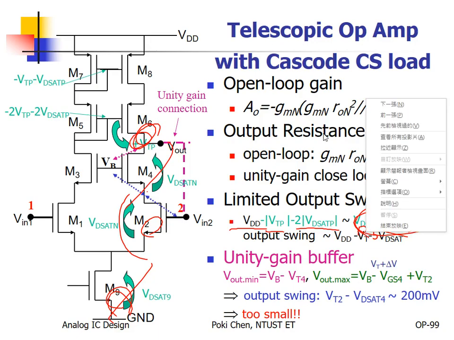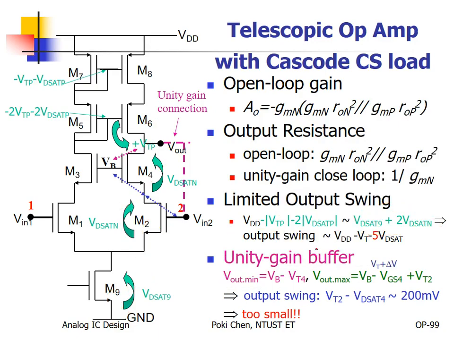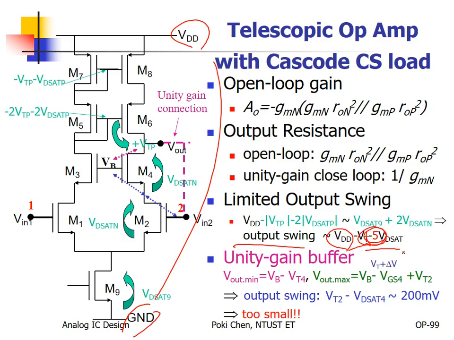Anyway, this is what I told you. The option is VDD at the top, ground at the bottom: minus 1 VT minus 5 delta V. So you can guess, this is 0.5 and that's 0.2. Wow, totally VDD minus 1.5. But how much is your VDD? For 0.18 micron, only 1.8 volts. Wow, you have only 300 millivolts.